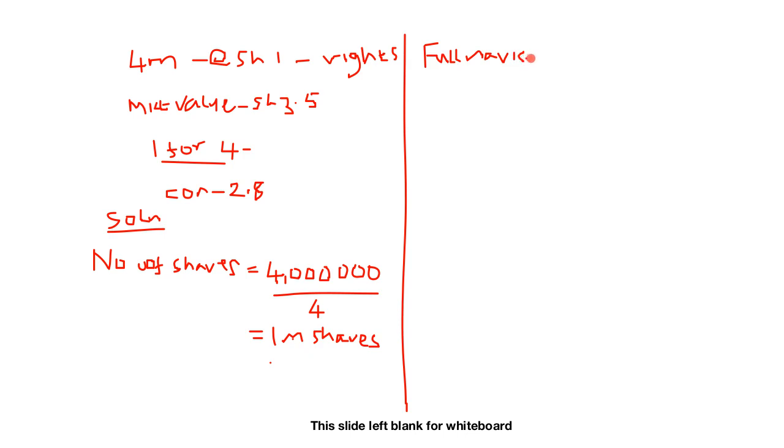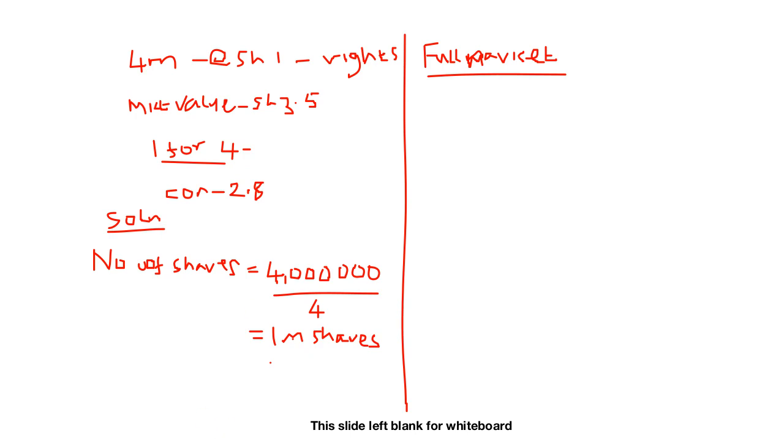Remember, we are using the number of shares that are to be issued at the rights issue to determine this. The market value is 3.5 shillings, and the concessionary price is 2.8 shillings.